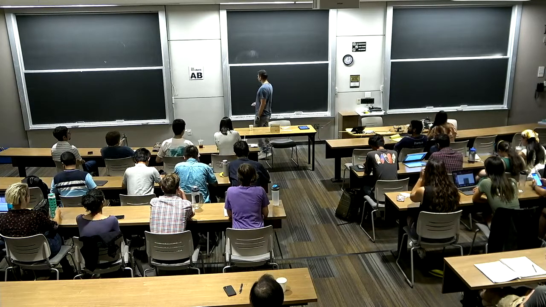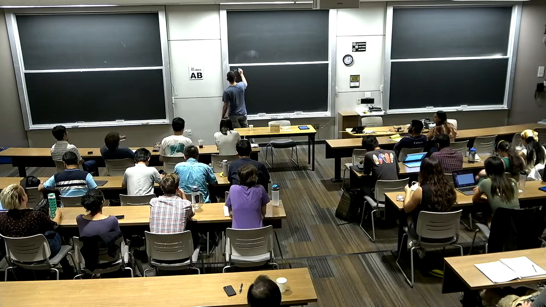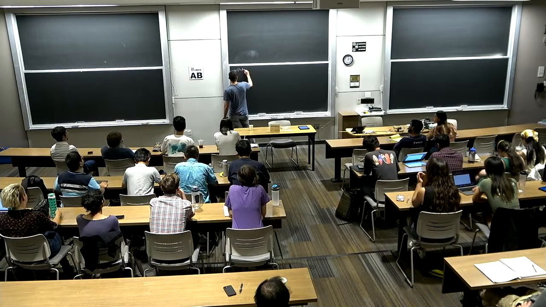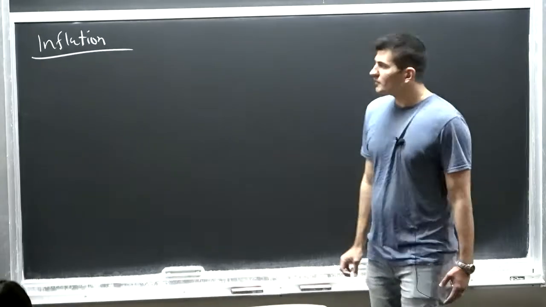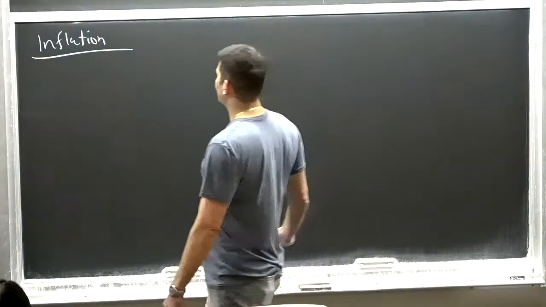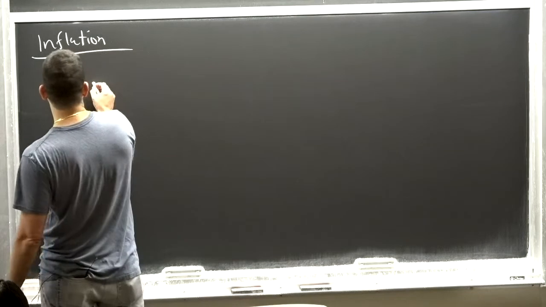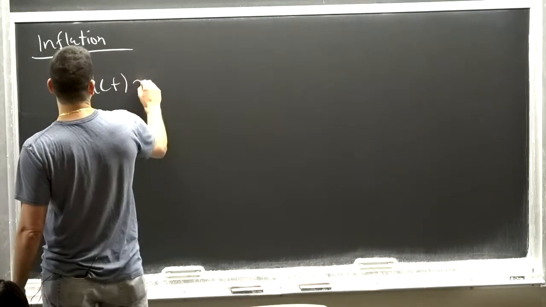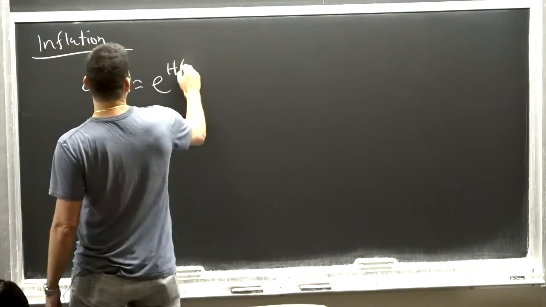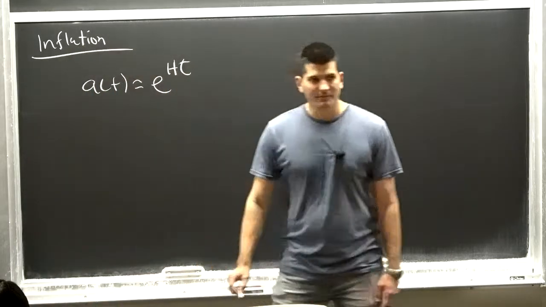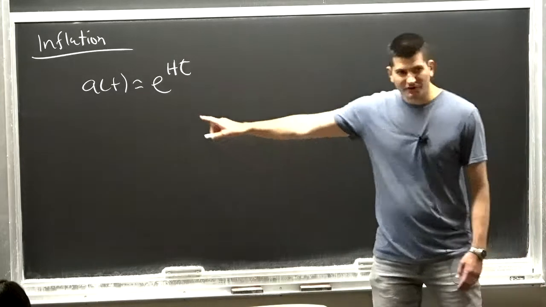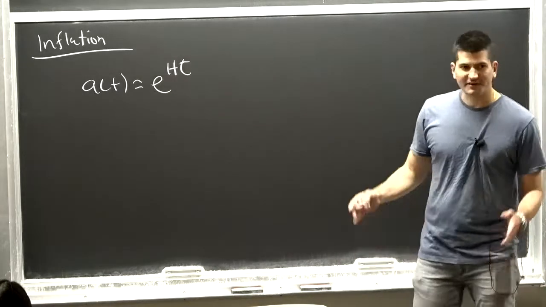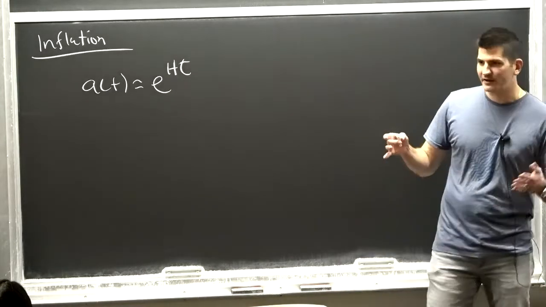We're going to start with inflation, just a lightning review of what it does and why we like it. The basic idea starts with the possibility that the scale factor grows exponentially in time during some inflationary era. The reason you would like this is because it takes things from inside the horizon to outside the horizon.